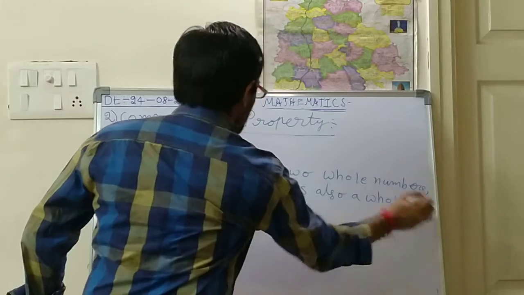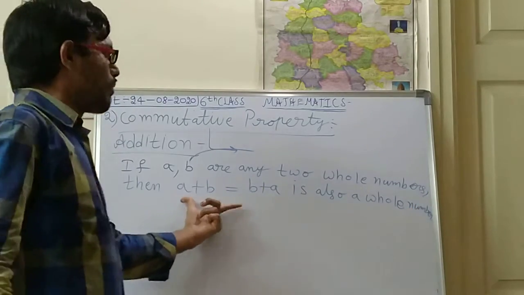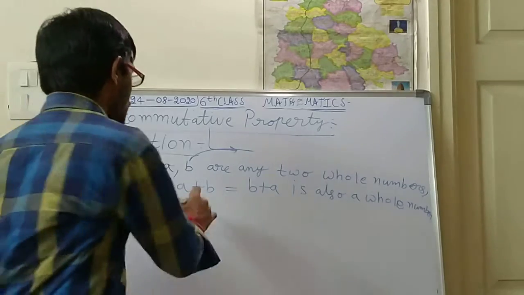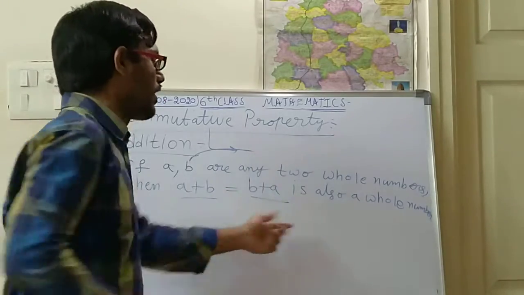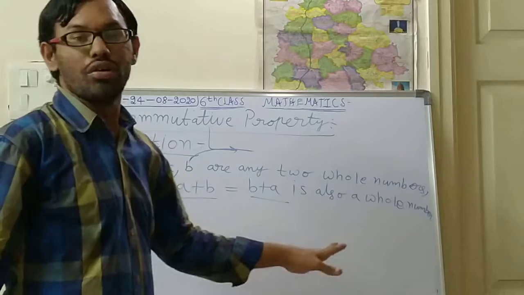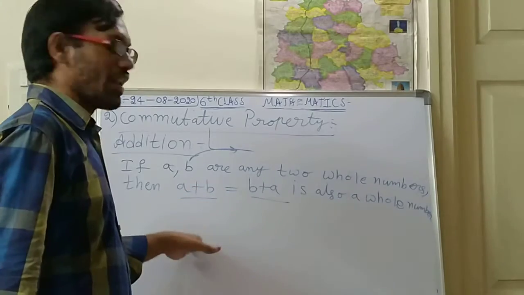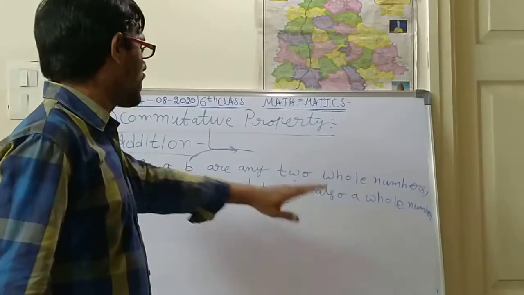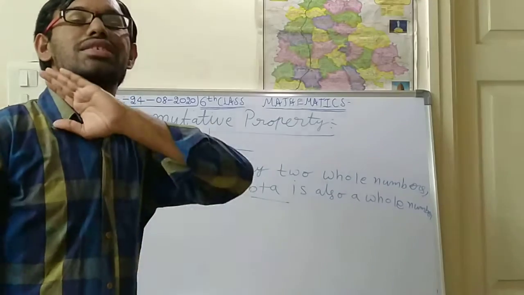Compulsorily a plus b should be equal to b plus a, and whatever result you get should be a whole number only. If a plus b is a negative number and b plus a is a decimal fraction, then this property is not satisfied.